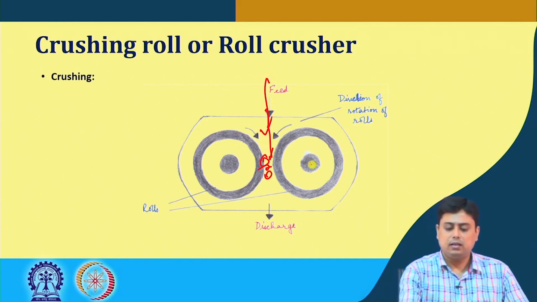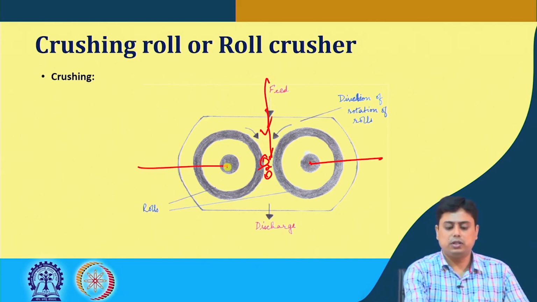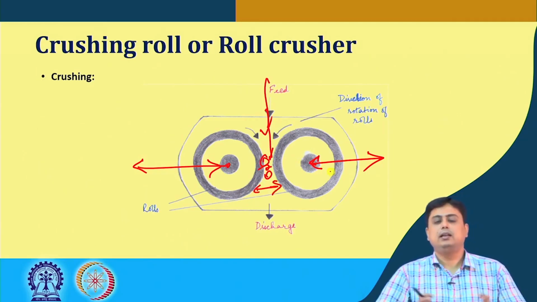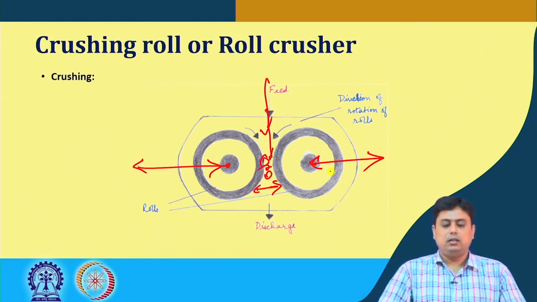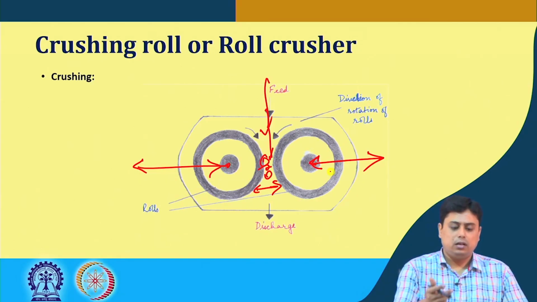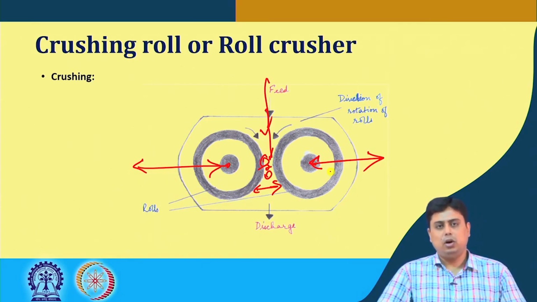And in this case, these positions are adjustable, which means this gap can be adjusted by placing these two rolls at a suitable or the desired distance. So in this case, typically crushing is the dominant stress mechanism.